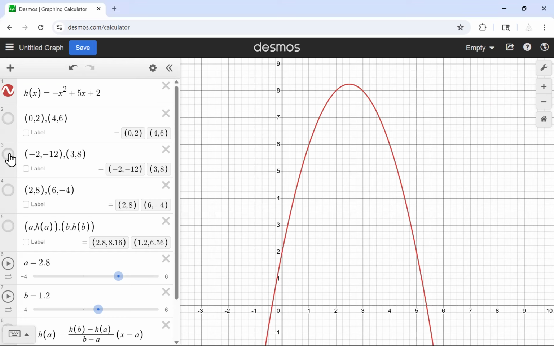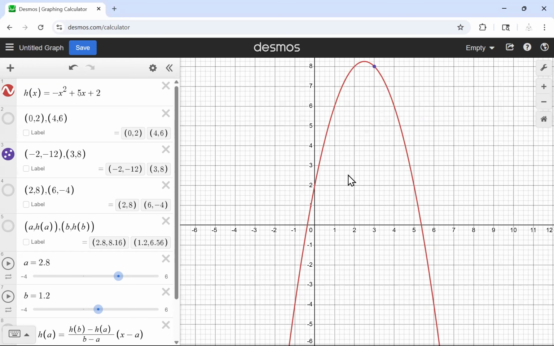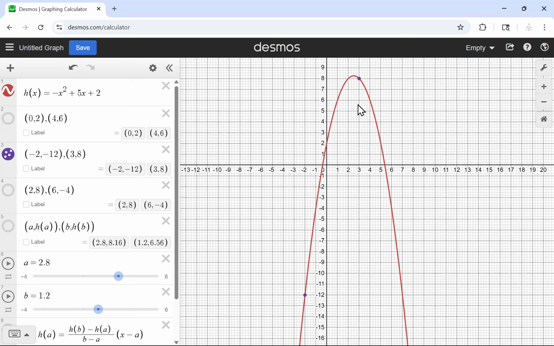Our next 2 points were -2, -12, and 3, 8. We'd have to go down to -12 there. So from here to here, and then the slope of that line we found to be 4. And then the next 2 points were 2, 8 and 6, -4.